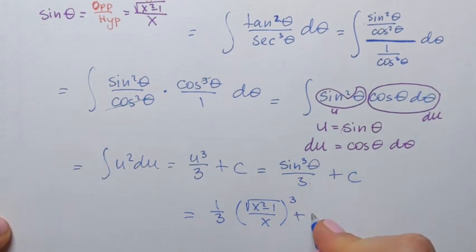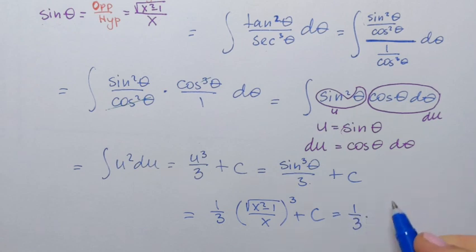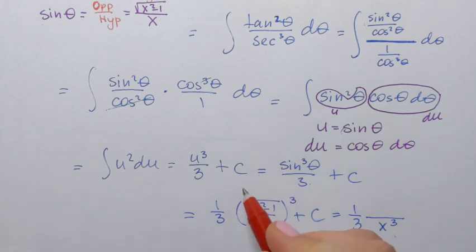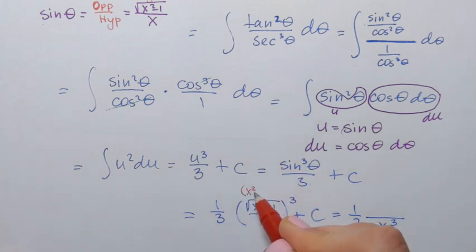And to finish this, I'll maybe simplify it slightly. What I'll do, I'll say it's 1 over 3 times. What I can do is cube both the numerator and the denominator. So the denominator is a little bit easier, it's going to be x cubed, right? Now the numerator, I can think of this way. That's the same as x squared minus 1 to the power 1/2, right?